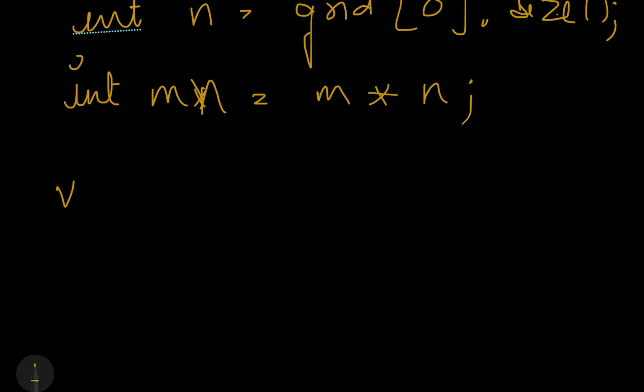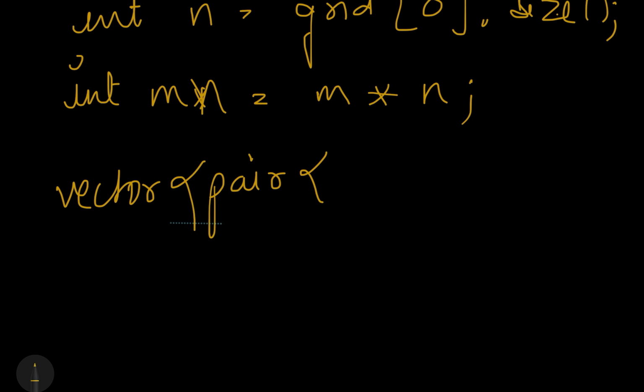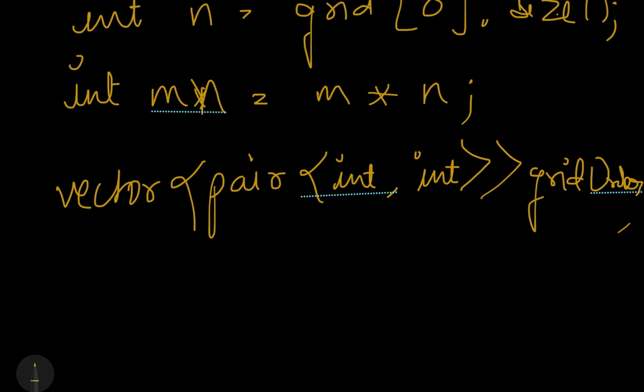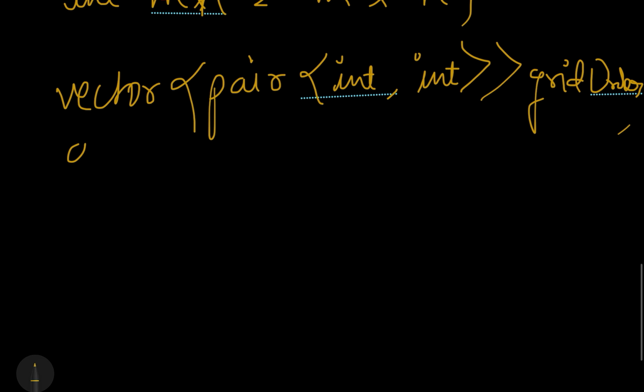Then we'll store all these pairs in a vector, the grid order, because our teleportation has one condition, which is that the grid value at (i, j) should be greater than or equal to the value at (x, y).